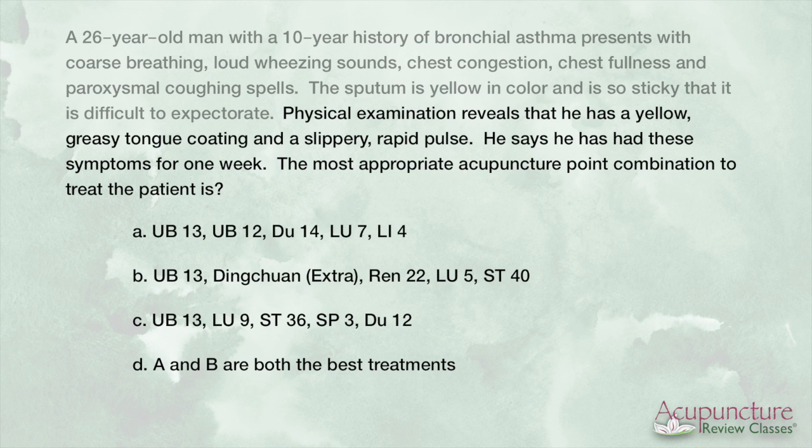So I'm going to look at these. Now D is throwing me off a little bit because it says A and B are both the best treatments. All right. So let's look. I probably wouldn't choose A all by itself because there is no points for damp. There is Du 14, which clears heat. I'm looking at answer B, which has Ding Chuan, which is a really good point, lung 5 and stomach 40.